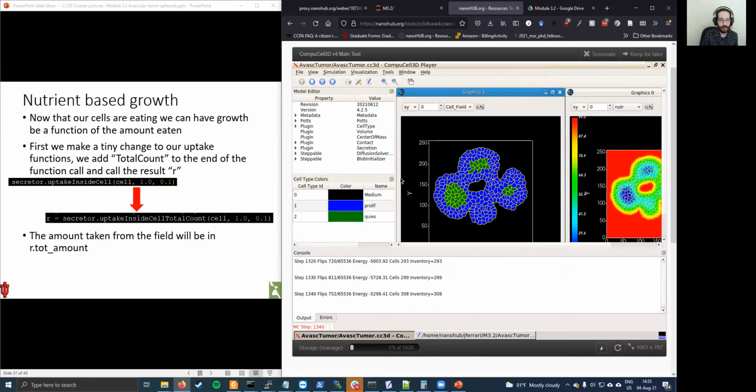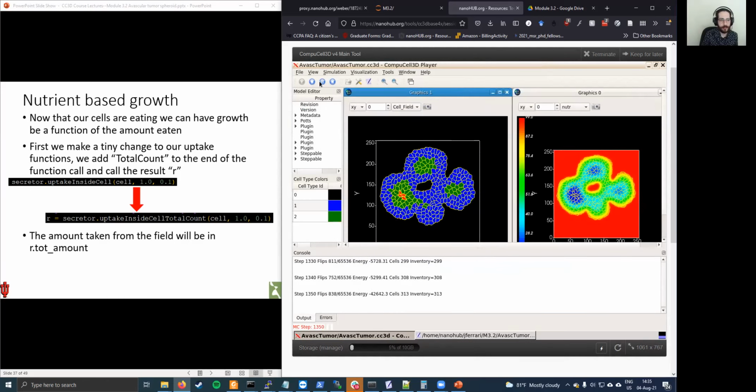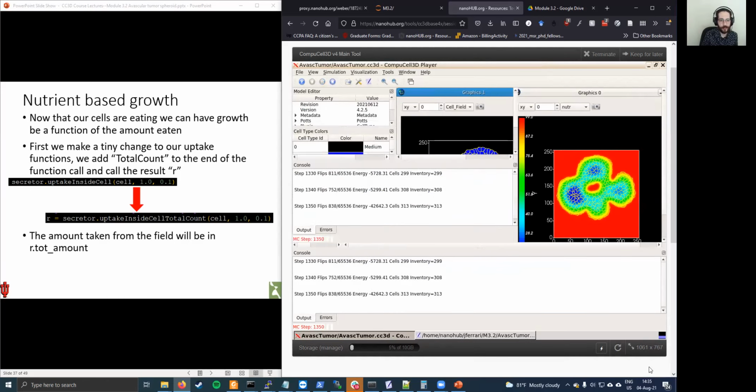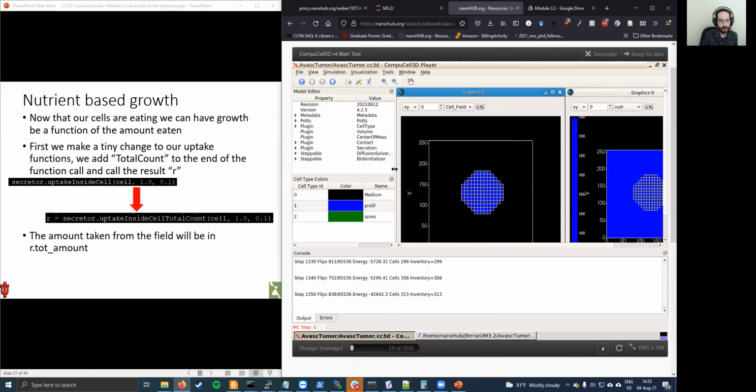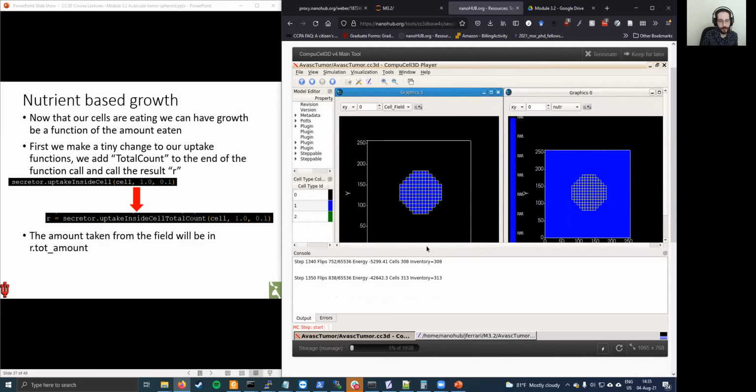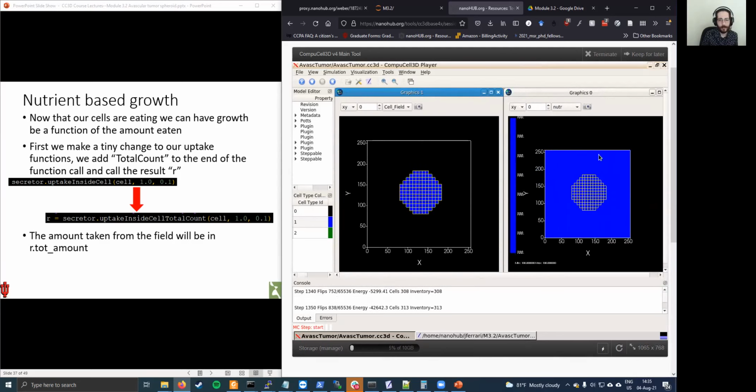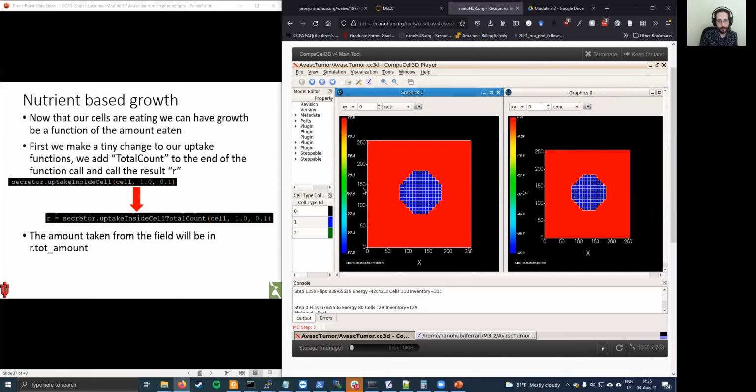So now if I stop this and rerun, and we go. I change this to be that conc field that we had. And I keep this with the nutrient and run.